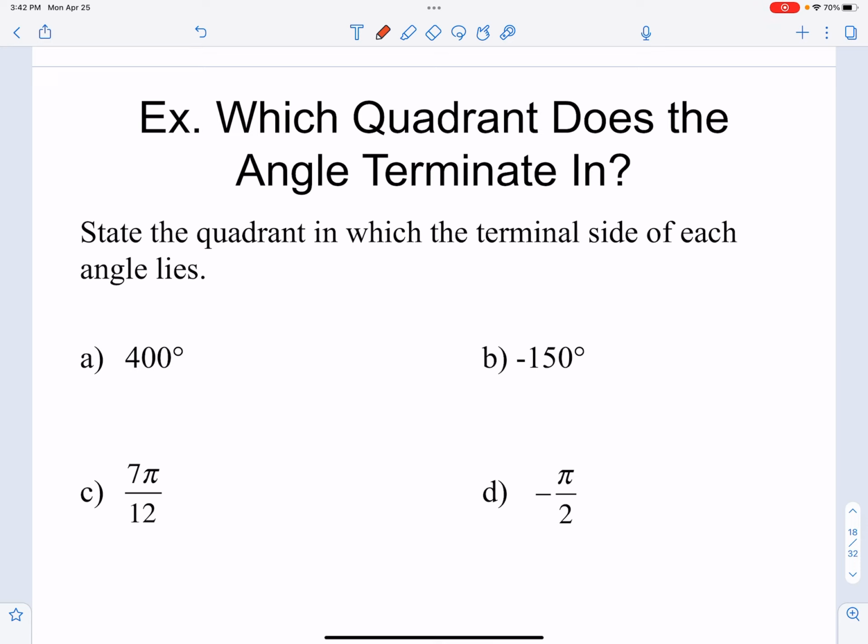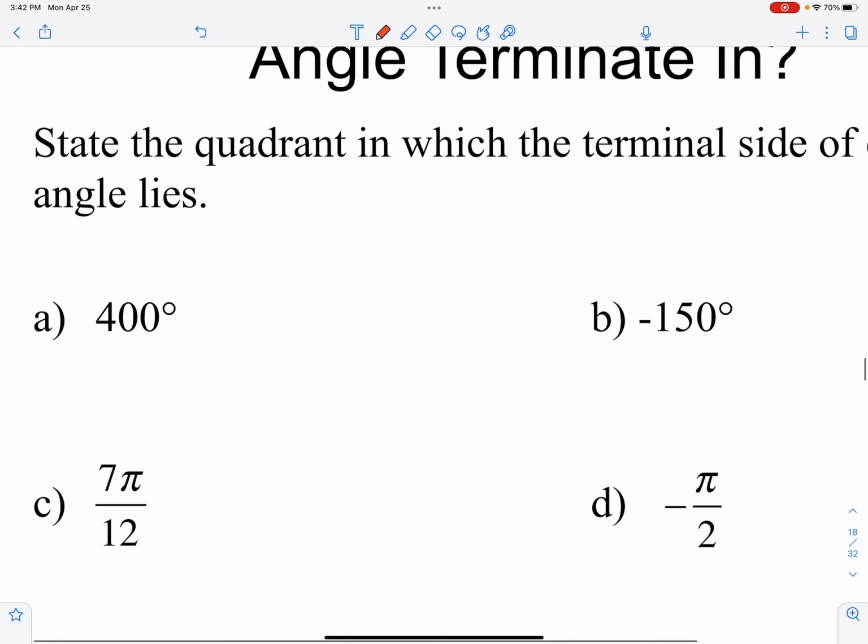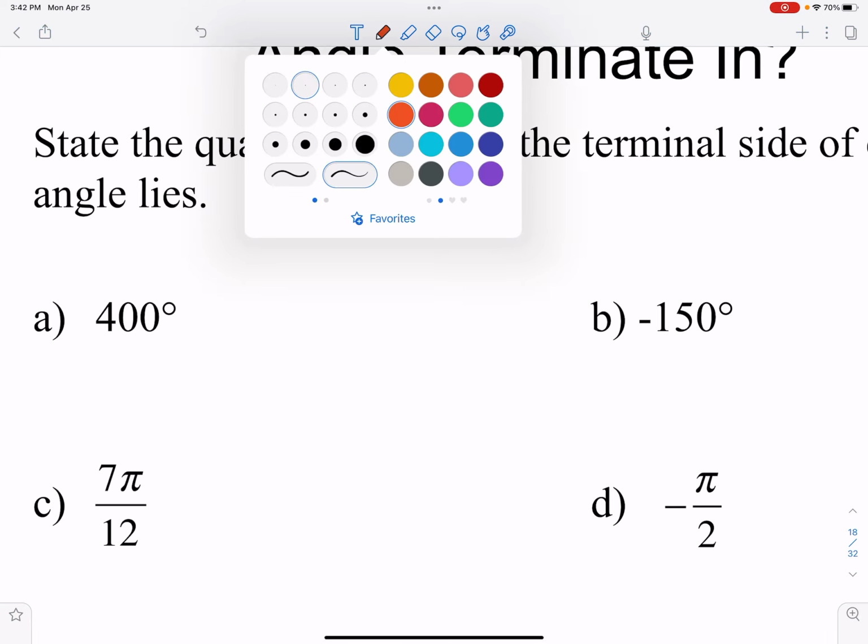It's good to be familiar with visualizing where angles terminate, because we talk a lot about where different angles will terminate and what that means for the trig functions when they're being evaluated at different angles. So 400 degrees is more than one full rotation.